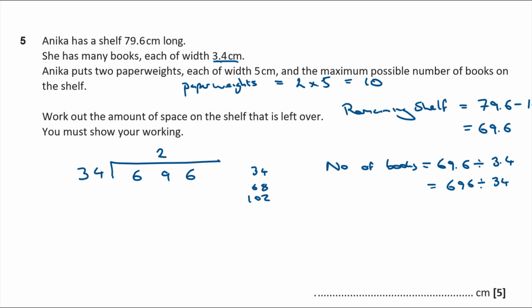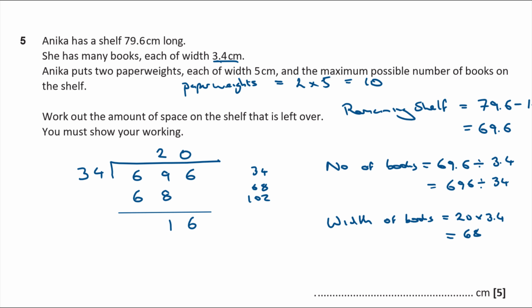2 lots of 34 is 68, and then subtract. That's going to be 16. 34 into 16 goes 0 times. Now obviously there's going to be a bit of a remainder there, but I think it's a bit clearer if I work out how wide those 20 books are. So width of the books, that's going to be 20 lots of 3.4 then, which is 68 centimeters.